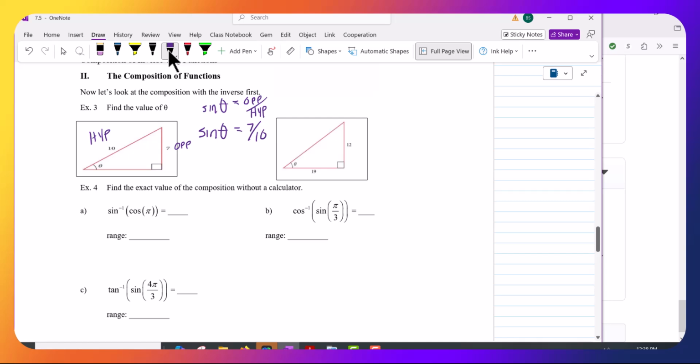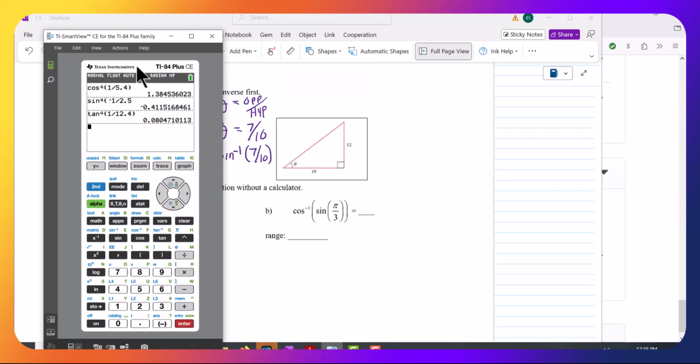Okay, you have to use the calculator to get this. So what we're going to do is we're just going to do the inverse sine of 7 over 10 on the calculator. And this should give you, that's a positive number. Whenever you're dealing with right triangles, all of the sides are positive, so you're going to get some kind of an acute angle, which is in quadrant 1. So I want to go back to degrees on this. So I'll press my mode button.